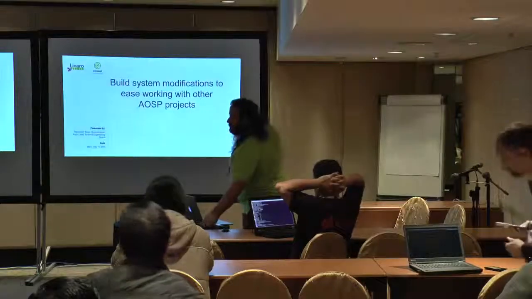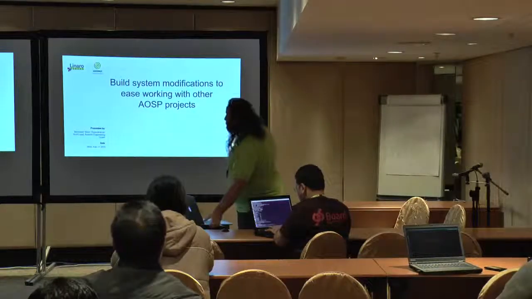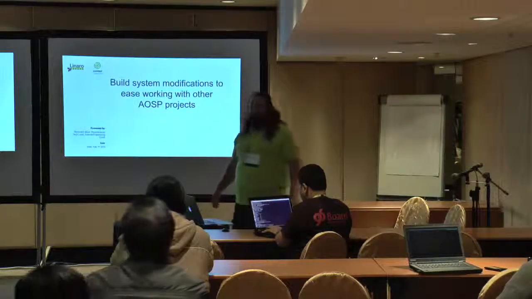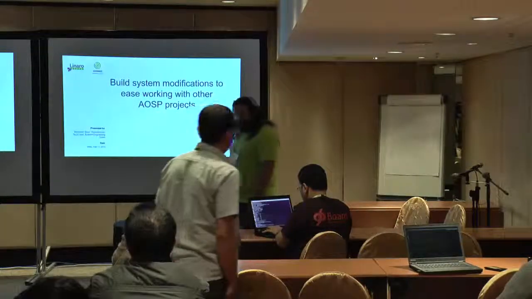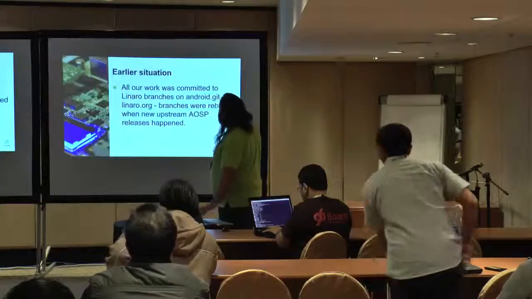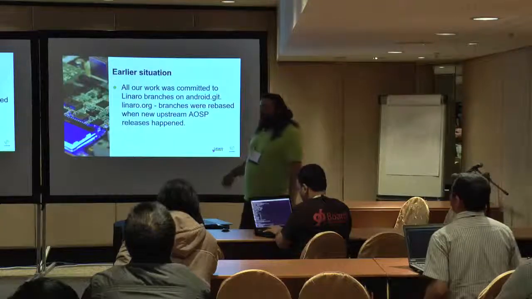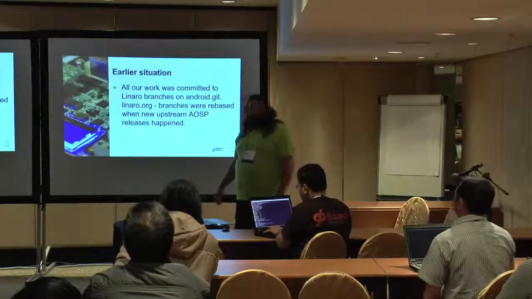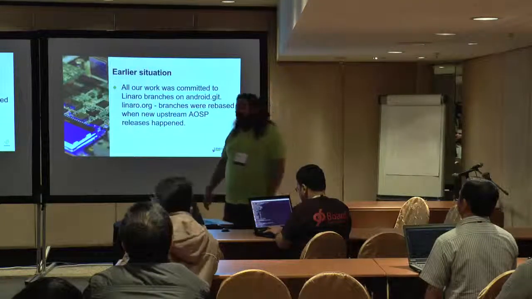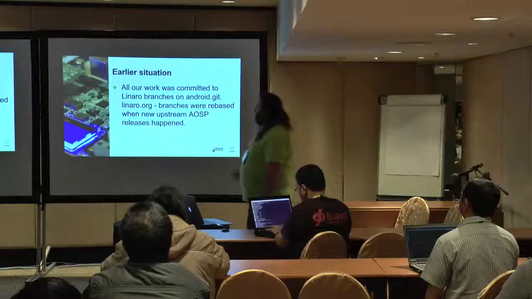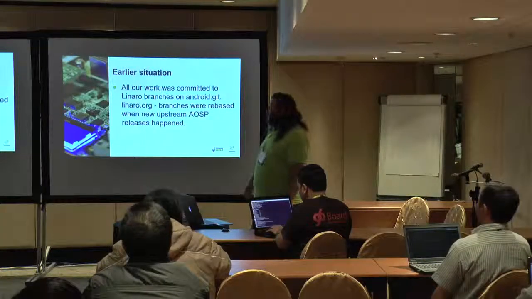Okay, so the second part of the session is about build system modifications we've made to make it easier to work with other AOSP-based projects. What we did before, essentially before the update to Android 5, was pretty much the obvious thing to do.